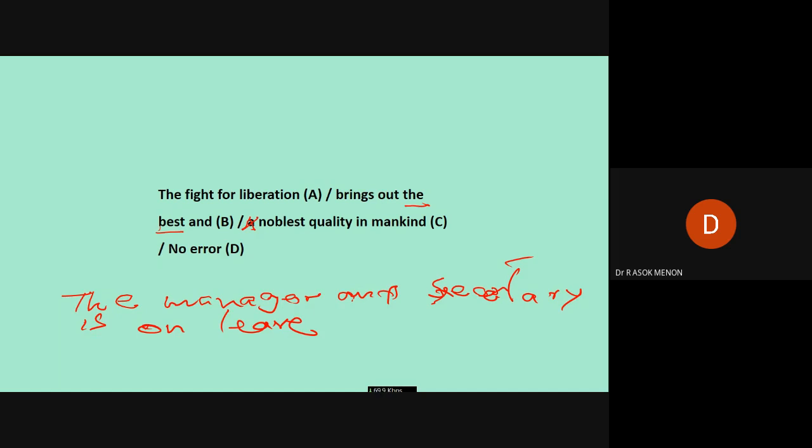Here, there is only one definite article used with the manager and secretary, because here both the manager and the secretary are one person. This person acts as manager and secretary together. He is secretary and manager. Therefore, one article is enough for both manager and secretary. So that is what goes in this sentence also. The fight for liberation brings out the best and noblest quality in mankind.